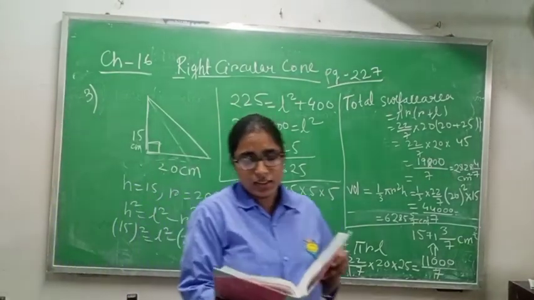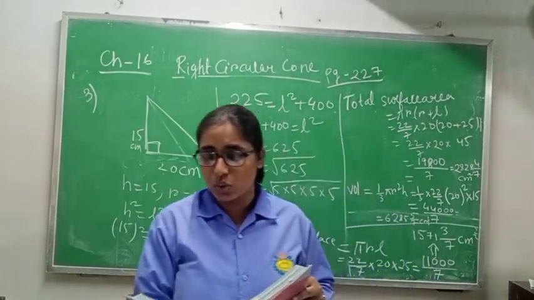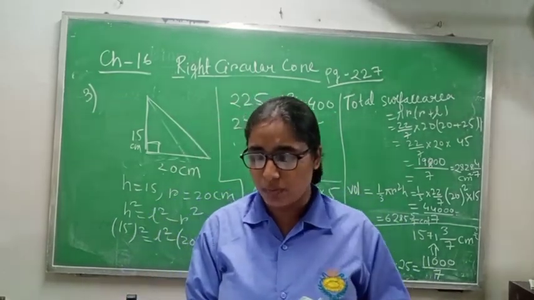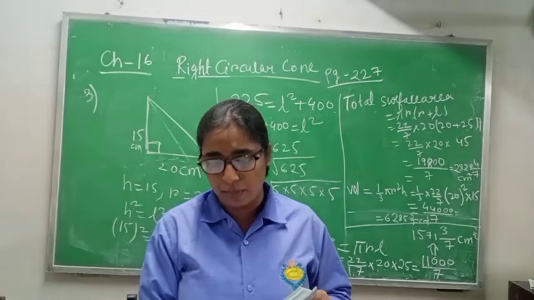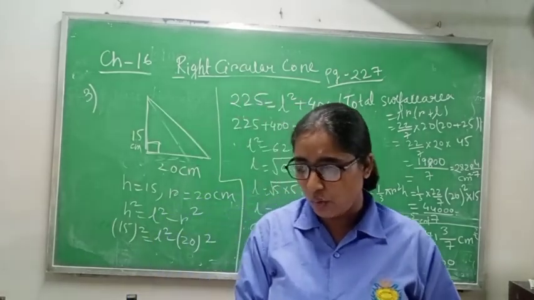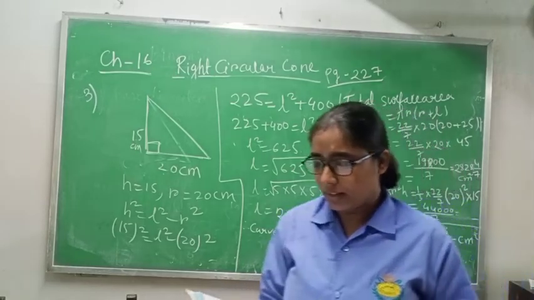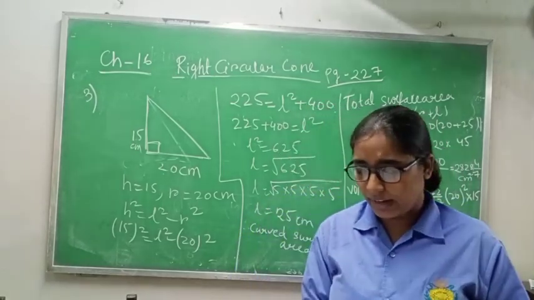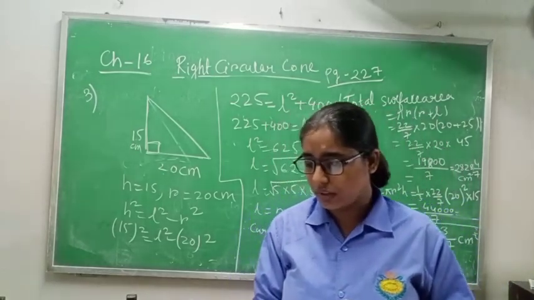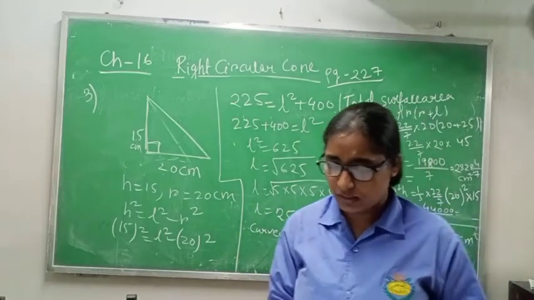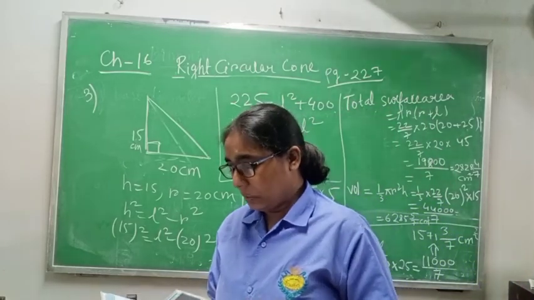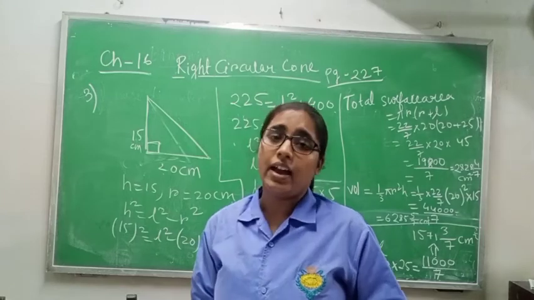Let us determine the curved surface area, total surface area and volume of the solid which is formed by completely revolving the triangle once around the side of length 15 cm, taken as an axis.